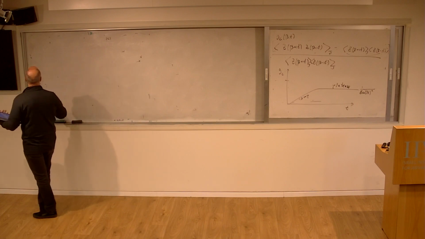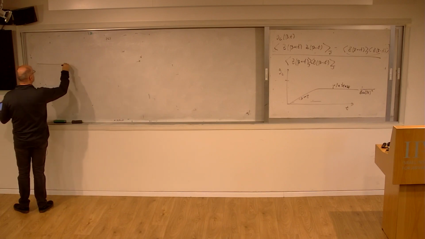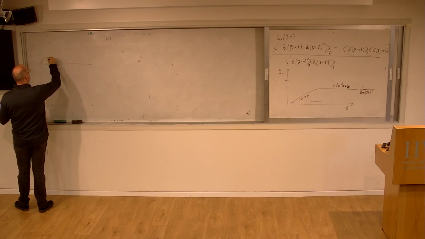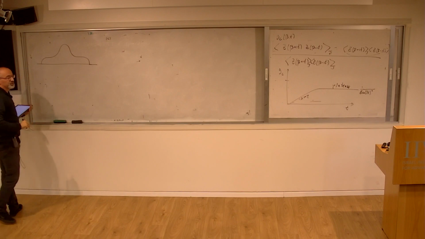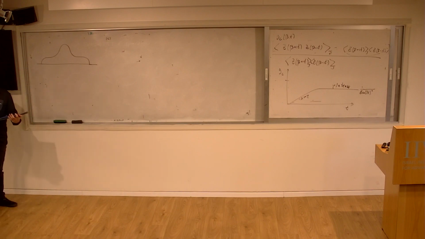Again, let's write the spectrum. I want to be close to space-time, but still study deviations from ordinary JT gravity, for example.